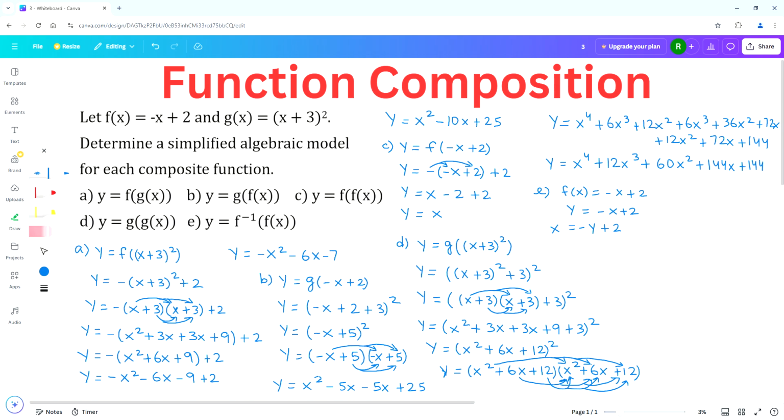We should move the y term to the left side of the equation, and that will make the y term positive. And we should move the x term to the right side of the equation, and that will make this x term negative. I get y = -x + 2. This is the inverse of the function f(x). We can write it using the notation for inverse function.